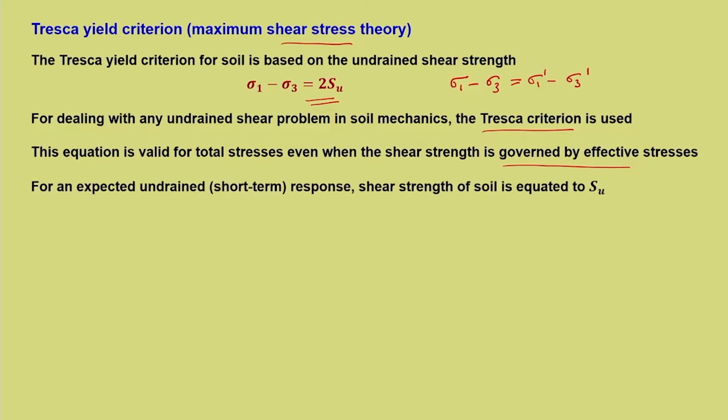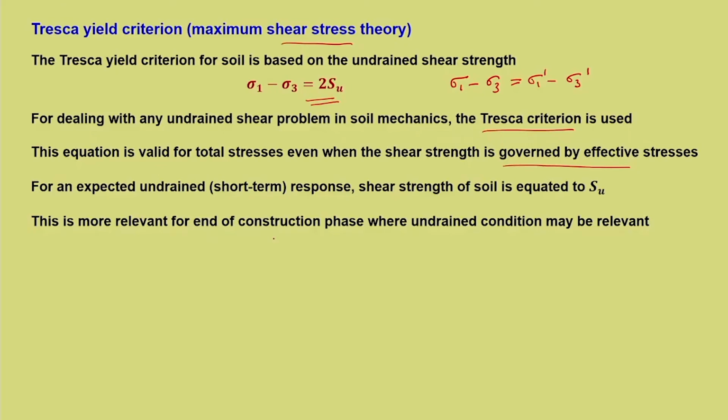For an expected undrained condition, that is a short term response, the shear strength of the soil is equated to SU. What we need to understand is that if we are doing a short term analysis and the conditions are undrained, we equate the strength of the soil to this undrained shear strength SU.